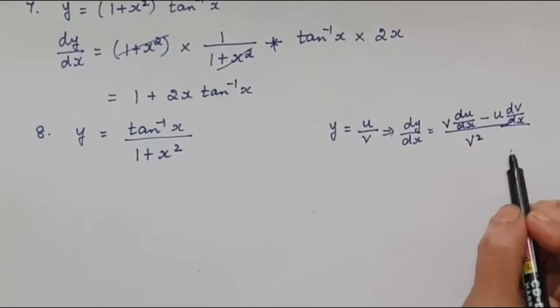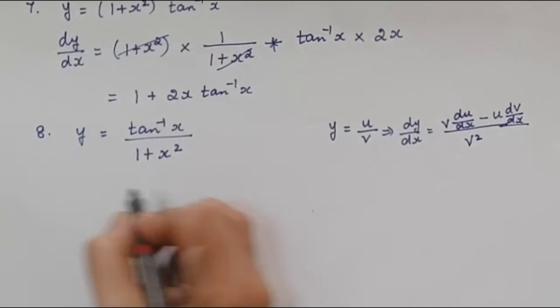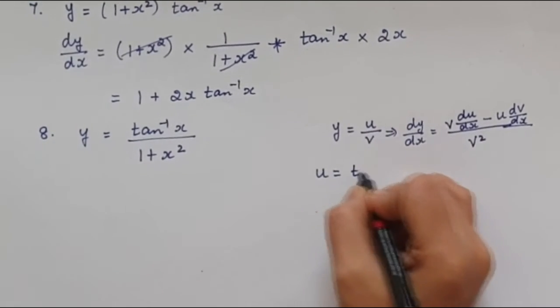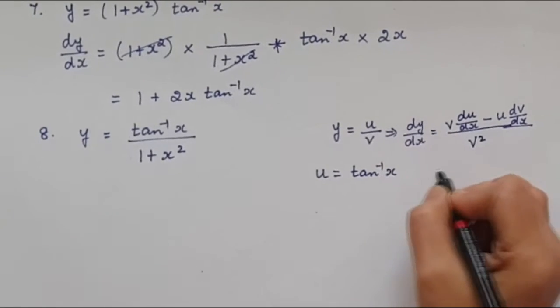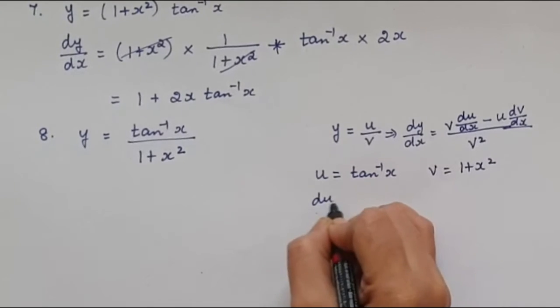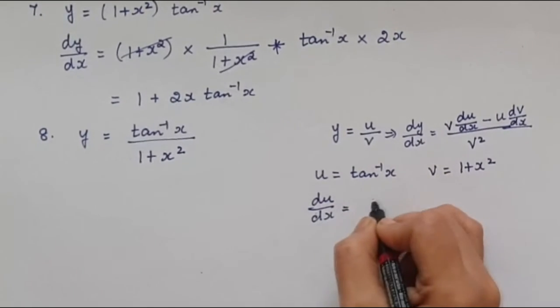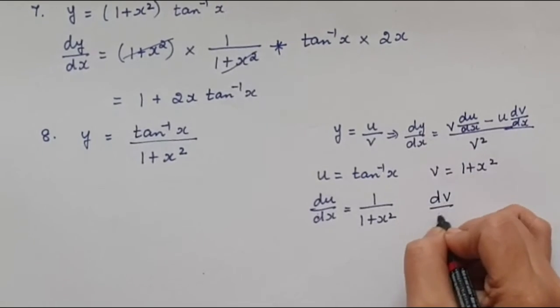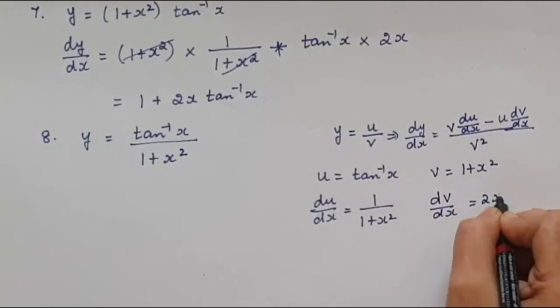This is the quotient rule. Now we are going to apply that for it over here. So now the numerator is u. U is tan inverse of x and v is the denominator, so 1 plus x squared. So du over dx will be equal to 1 over 1 plus x squared. dv over dx will be equal to 2x.